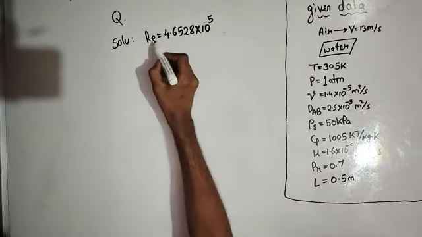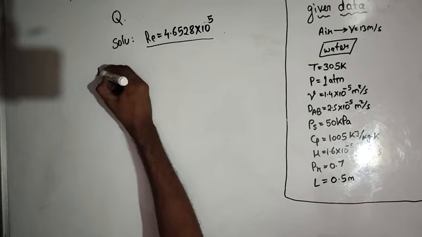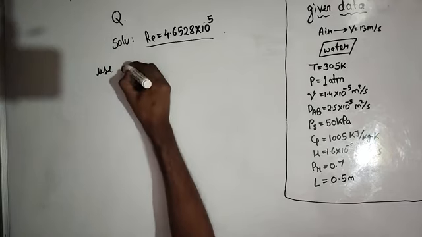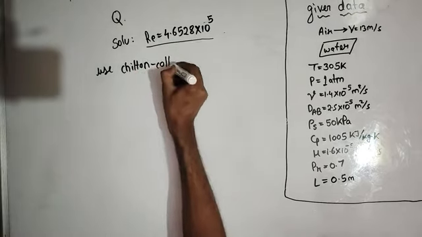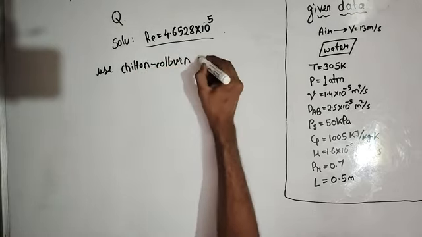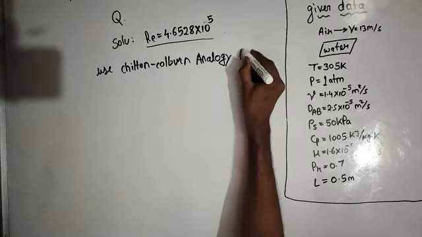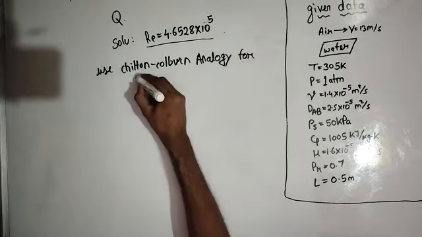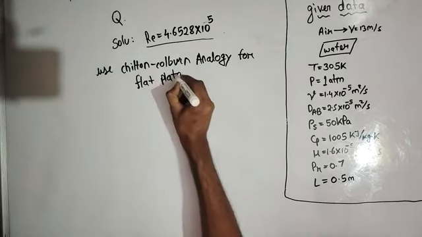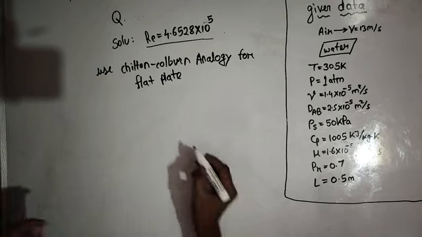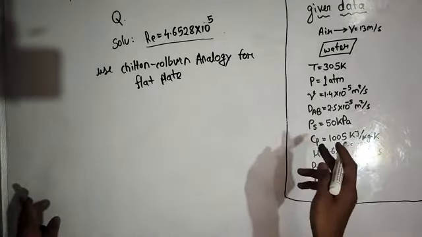So now that we have calculated Reynolds number, we will use Chilton-Colburn analogy for flat plates. So in our case, we are finding for mass transfer and laminar flow.